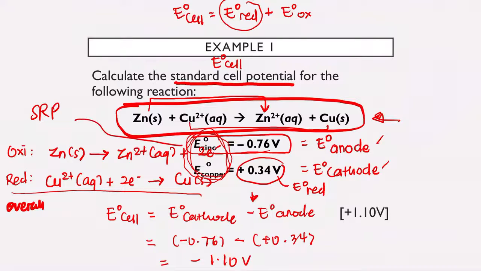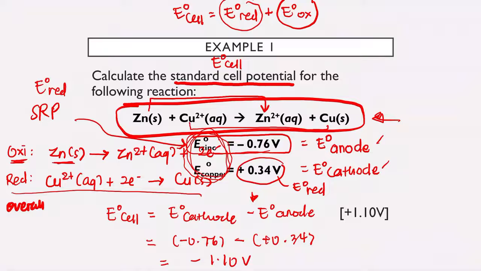So maksudnya dia memang dalam bentuk reduction. Okay. So that means that kan I told you that when you have oxidation ni, you have to be careful that you have to change signs for your SRP that is given. Okay, in this case, your zinc is the one that is going through oxidation kan?